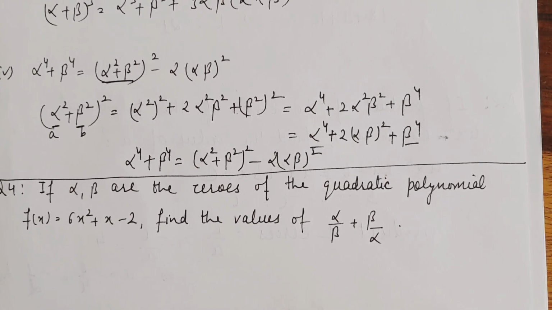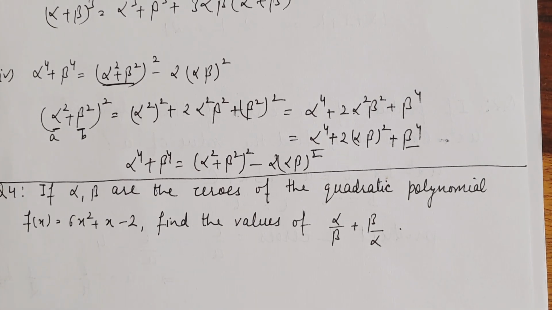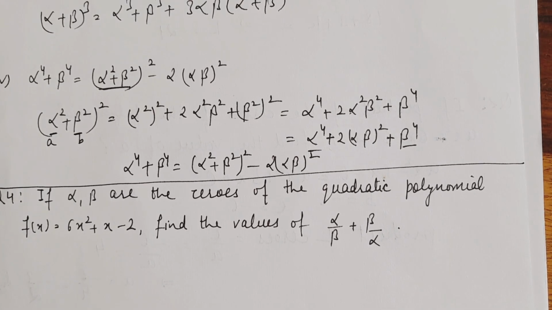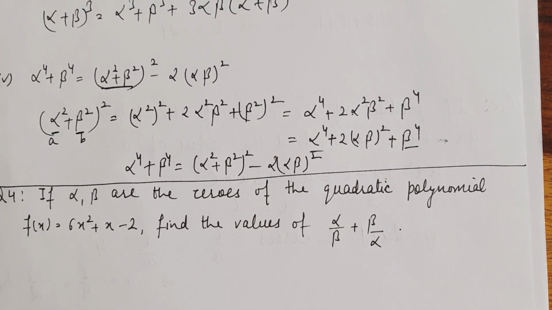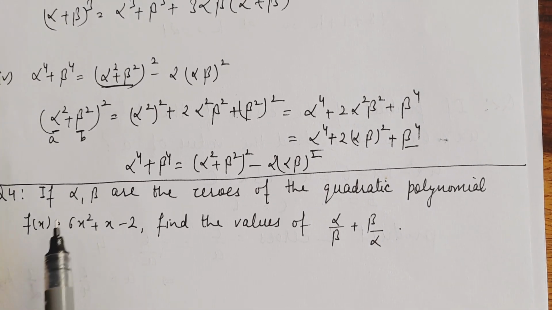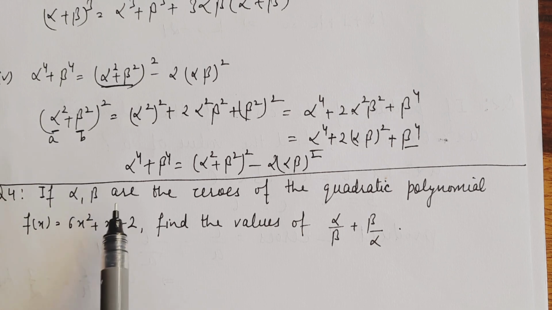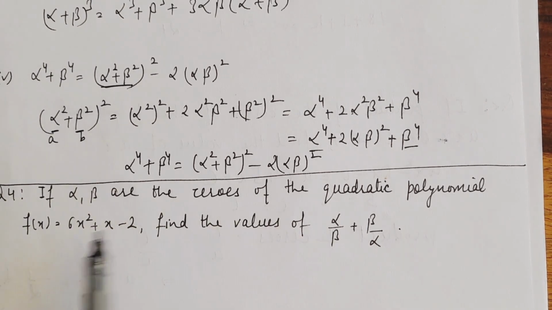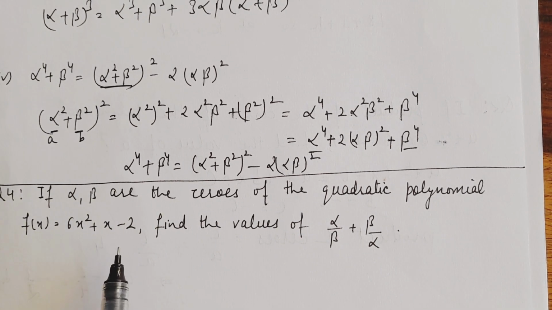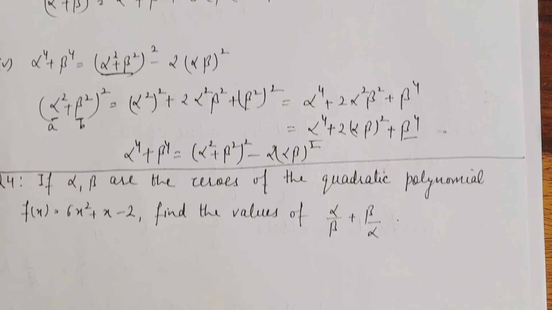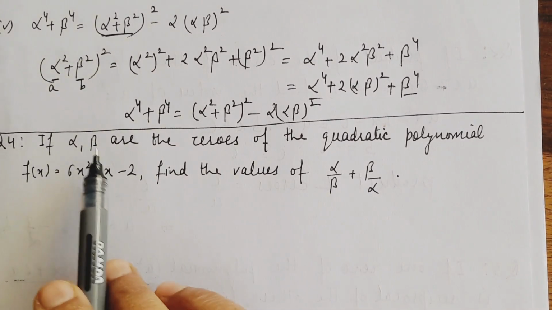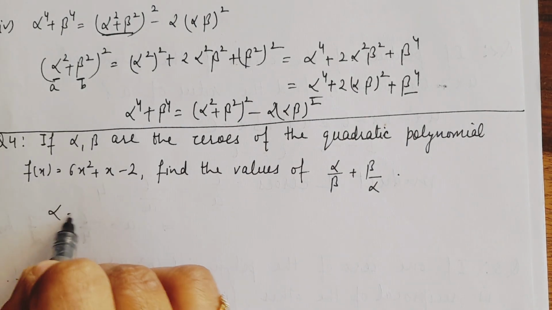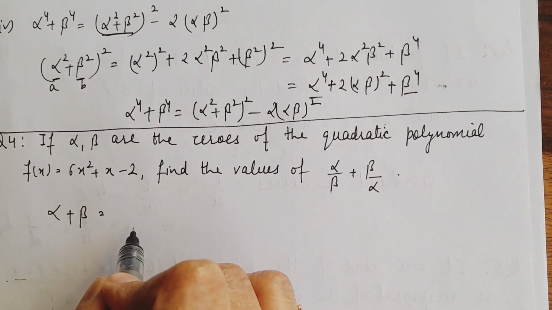Now we will do an example to see how we can use these identities in numericals. Suppose alpha and beta are the zeros of this quadratic polynomial, we have to find the value of this. Alpha beta are zeros and we know that the sum of the zeros is minus b by a.